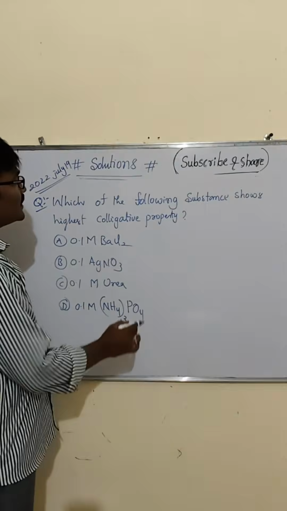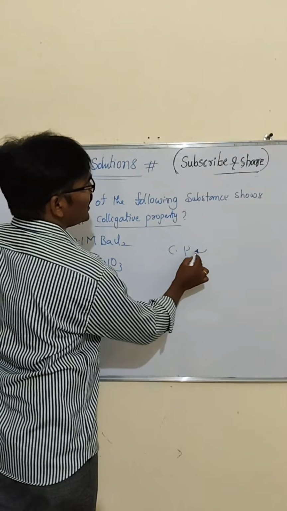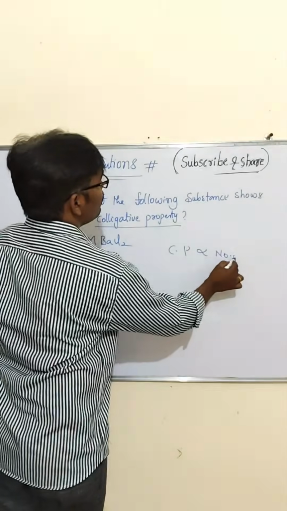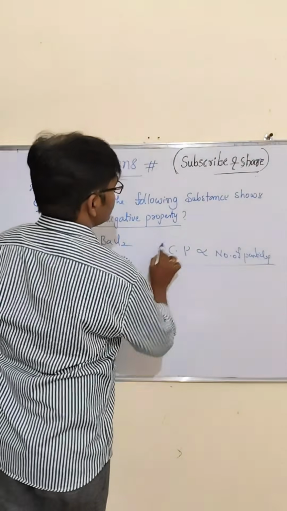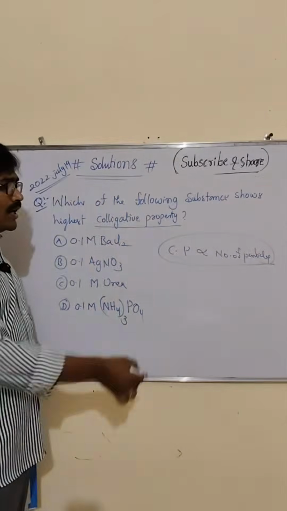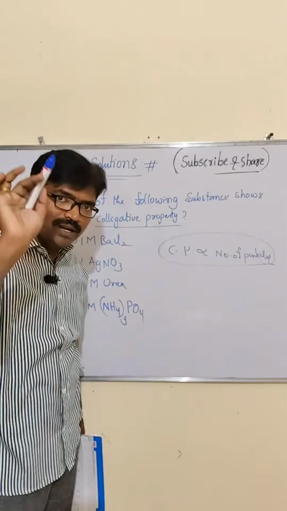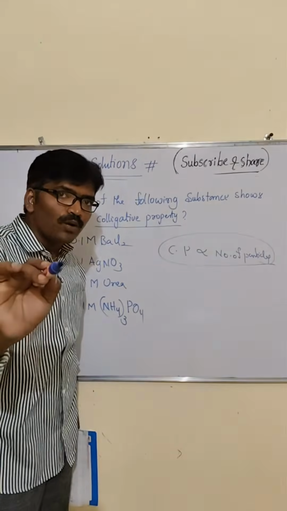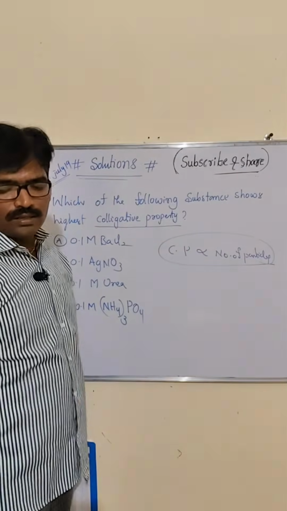Look, my dear students, I told you they are asking about colligative properties. Colligative properties are directly proportional to the number of particles. I told, yes or no? Whatever colligative properties there are, relative lowering of vapor pressure, elevation in the boiling point, depression in the freezing point, osmotic pressure, all are directly proportional to the number of particles.